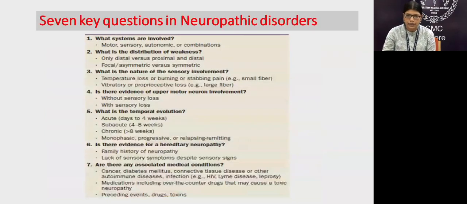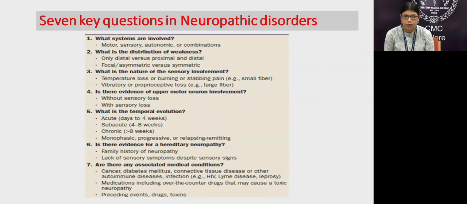So when we are dealing with a patient with a predominantly neuropathic disorder or peripheral neuropathy, we need to ask these 7 key questions. We need to know what are the systems involved, either motor, sensory, or both, and autonomic, or they occur in combinations of motor, sensory, and autonomic.